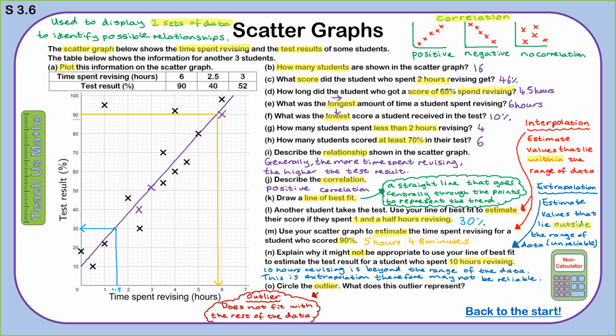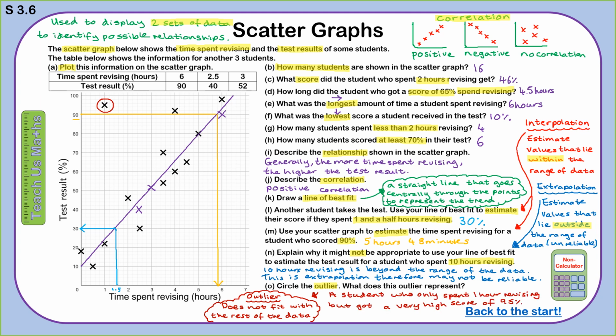It represents a student who only spent 1 hour revising, but who got a very high test result of 95%. This is likely to be a student who already had a good understanding of the work that needed revising, or something similar to that. So that student's data doesn't quite fit in with the rest of the data.